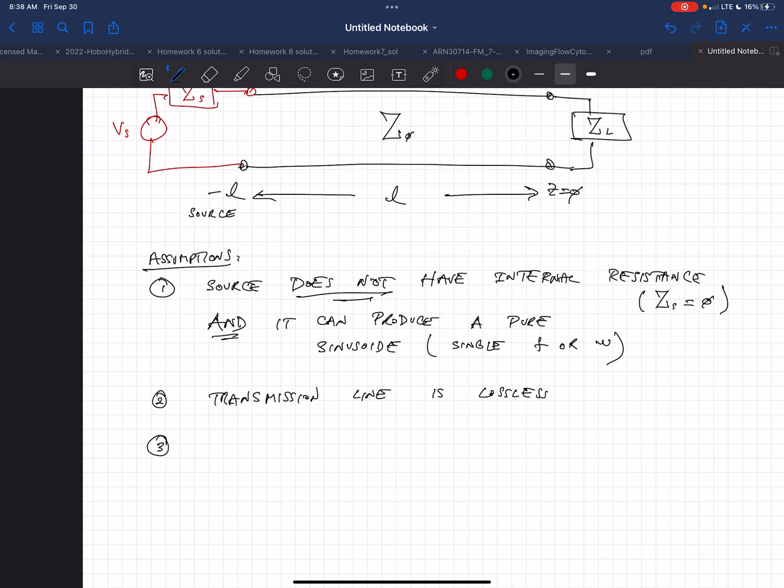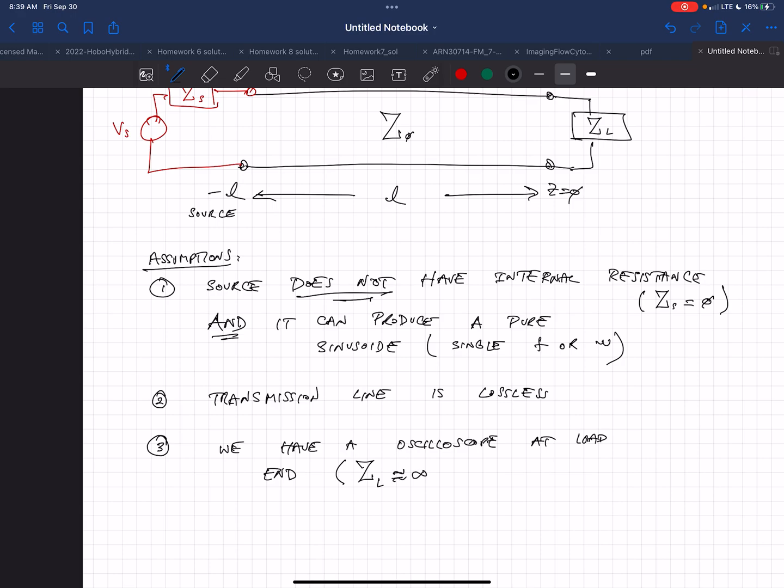Third is that we have an oscilloscope at the load end, meaning that we're going to assume the load impedance is approximately infinite.